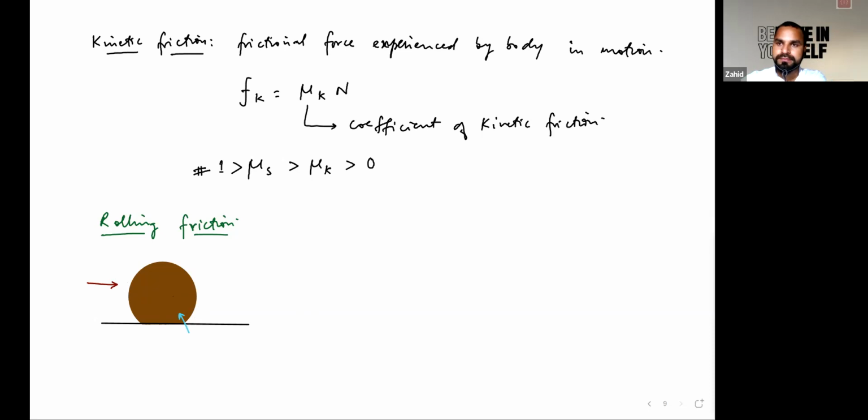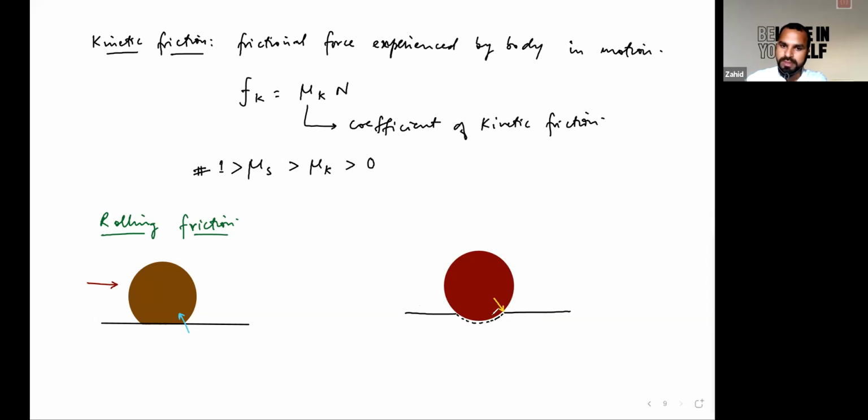Similarly, if you take the wheel of a road roller moving on a surface, it will have a tendency to deform the surface according to its own shape. At this point, there will be a force from inside on the track to deform its shape.